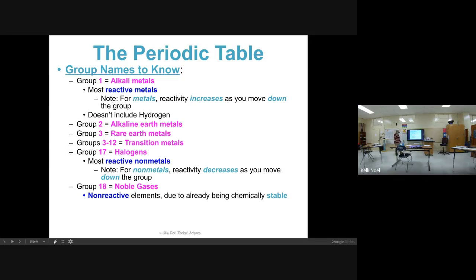And for nonmetals, as you go down the group, reactivity gets less, so it decreases. And then the last group, 8A, or sometimes group 18, is your noble gases, and they are non-reactive. They are chemically stable because they have 8 valence electrons. That makes them chemically stable.